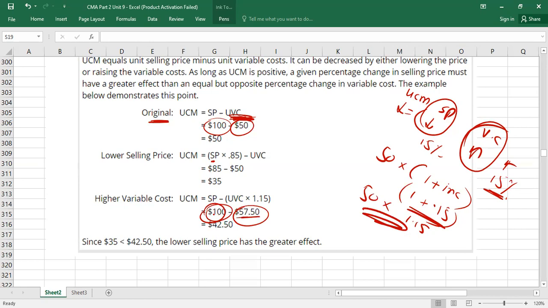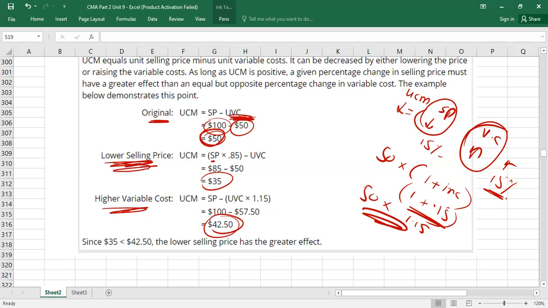So this is going to give you what? Contribution margin is 42.5. See, your original contribution was 50. Here, if you lower the selling price, contribution margin is 35. But if you increase the variable cost, contribution margin is 42.5. It means which is the most authentic reason to decrease your contribution?